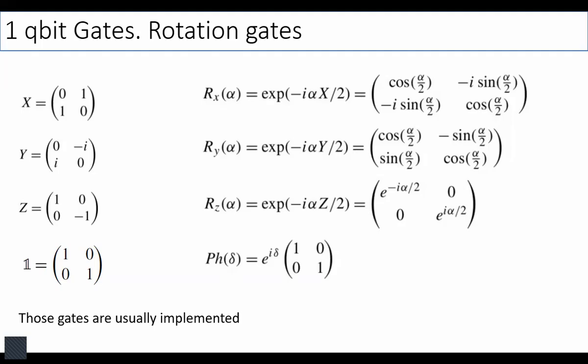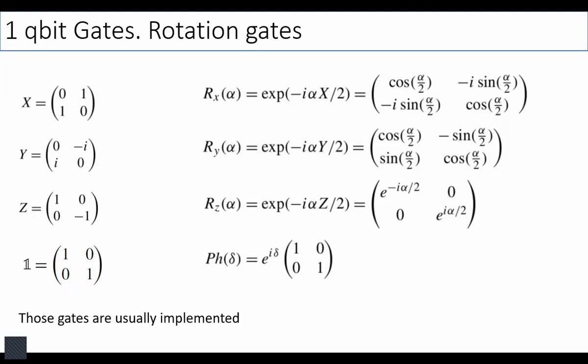This means you can keep one of them constant, with the same coefficient, and multiply another by a certain value. But it is more convenient to write it in such form. This also means that you can implement something like this, an operator of this form.